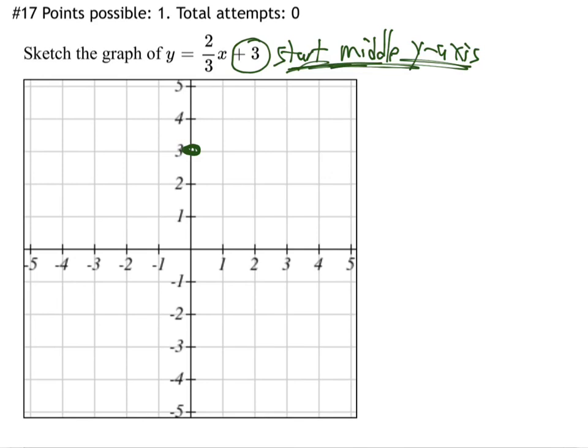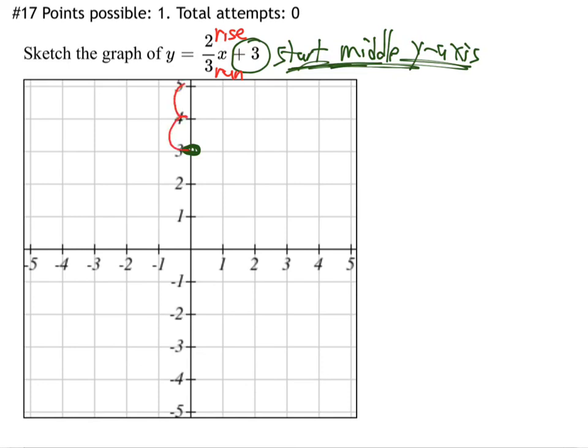Okay, now you march off the slope. So all we need is 2 dots. If we can just get 2 dots, then we connect the 2 dots and we have the straight line. So the first dot is at up 3. The second dot, remember slope here is rise over run.